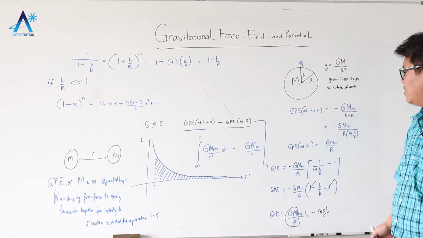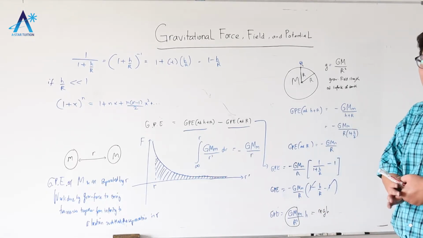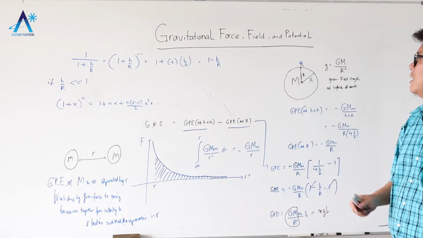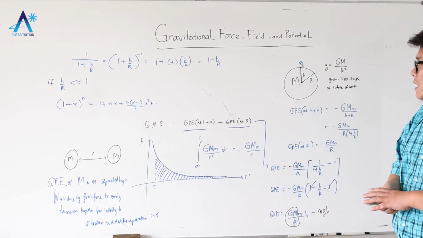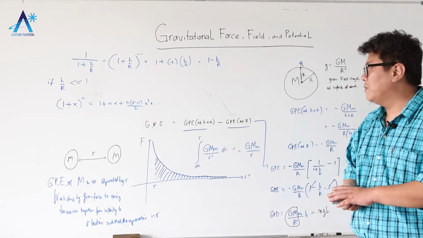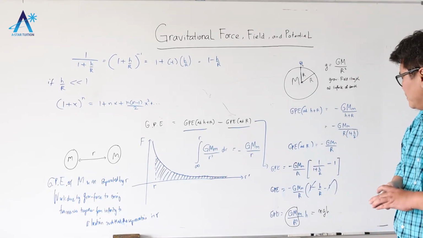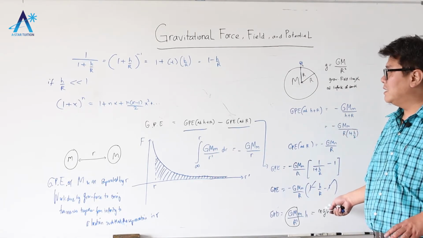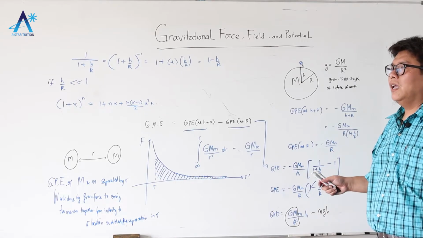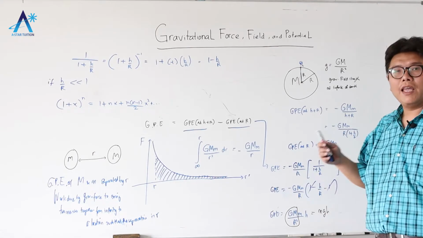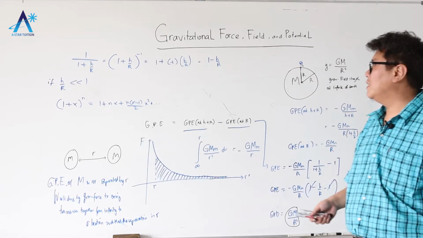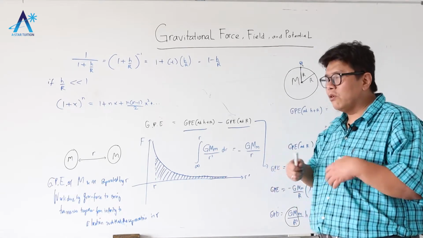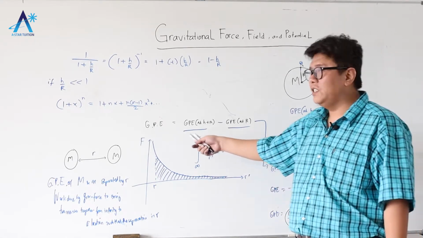So there you go. You see that the regular definition that we have for the GPE, as in the previous video for everyday life situations, which is simply mgh, is actually a special case of a broader and more general definition of GPE.